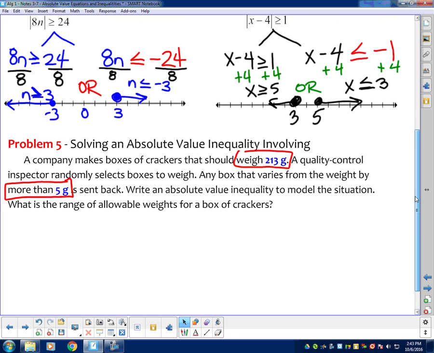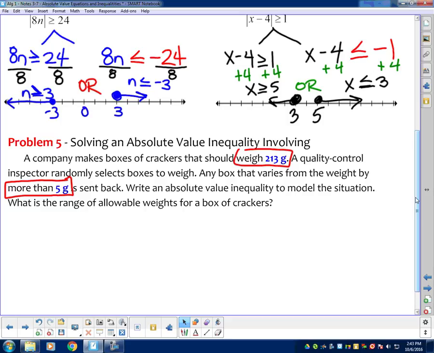We know we're going to have to use absolute value. The boxes of crackers should weigh 213 grams. If it varies from that weight by more than 5 grams, then it gets sent back.